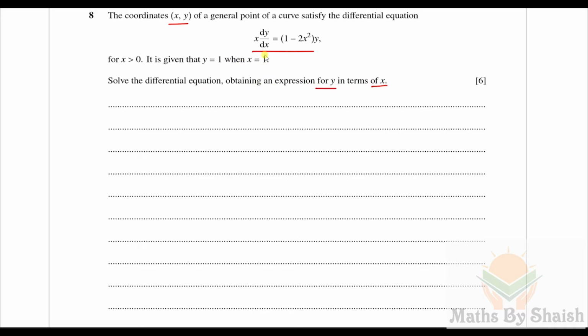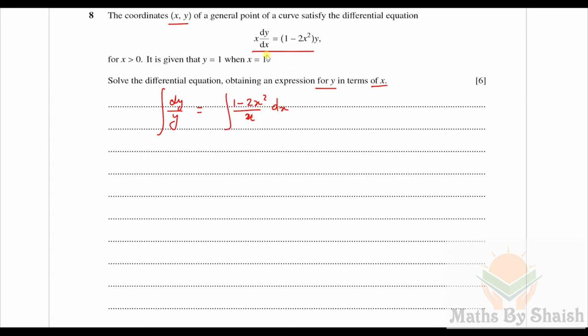So we know the method to solve this differential equation. When we have things like that, we do variable separable. We will do the variable separable and we will get dy over y, integration of this, is equal to (1 minus 2x square) over x, and then dx.